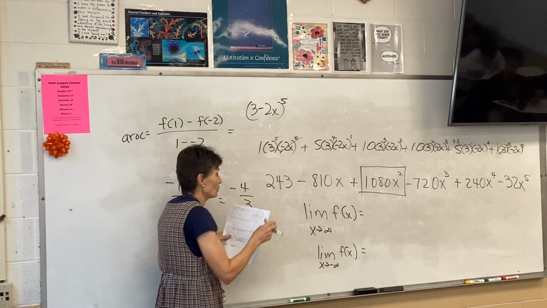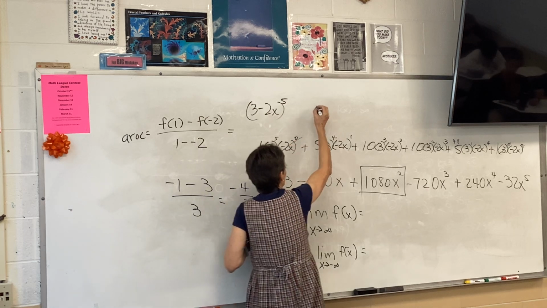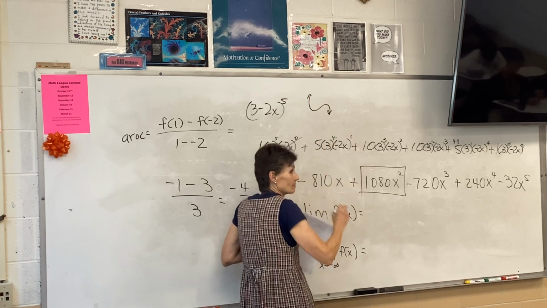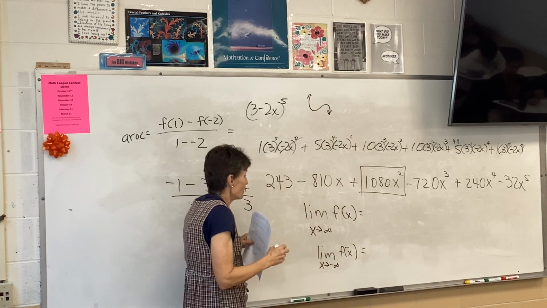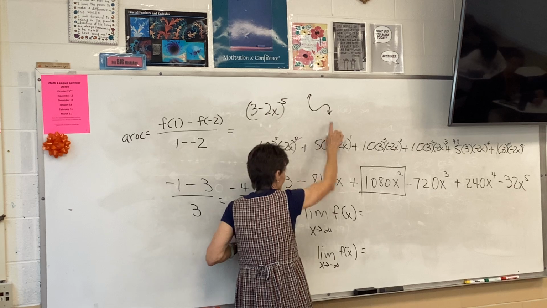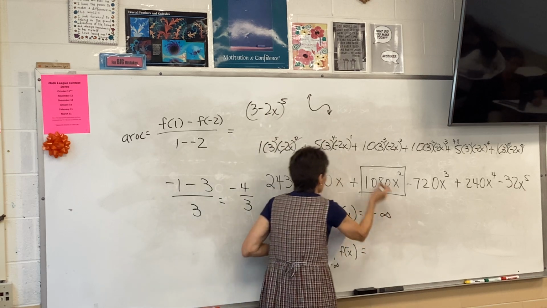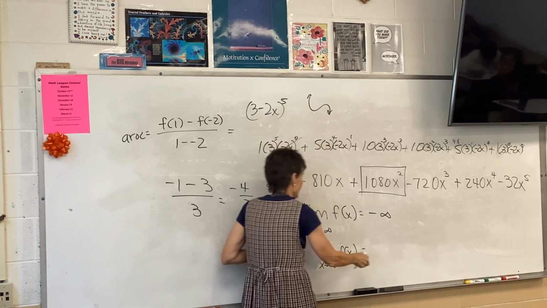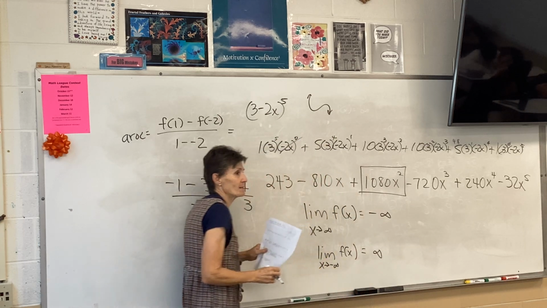So what does that look like? Where does it start and end? So as x approaches positive infinity, this is going to negative infinity, would you agree? And then negative infinity is going to positive infinity.